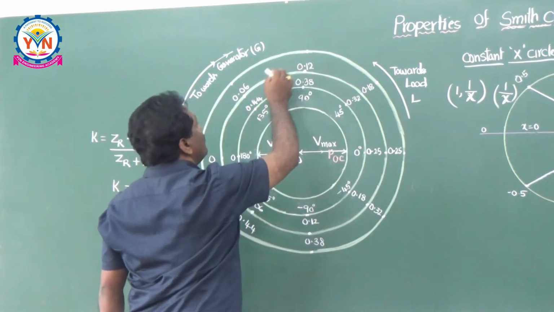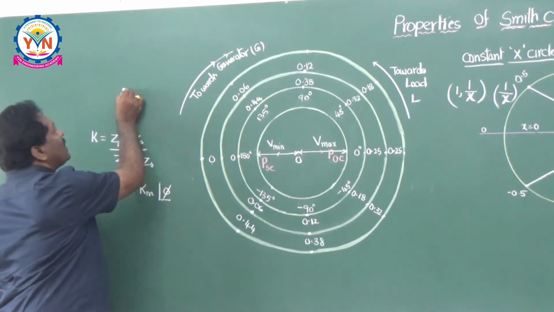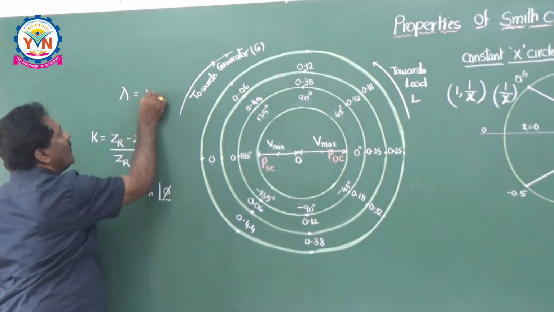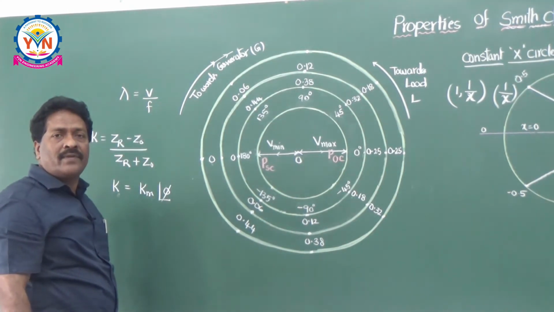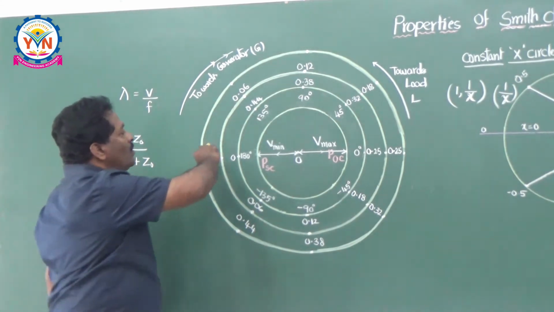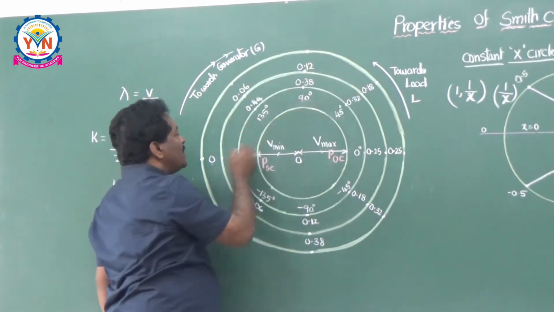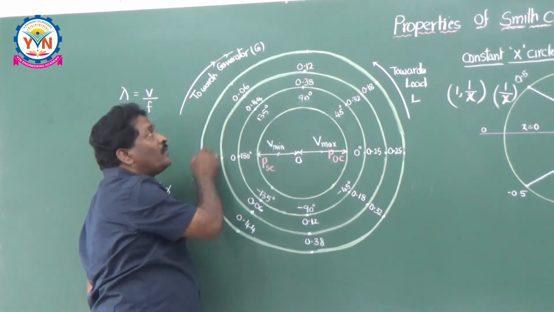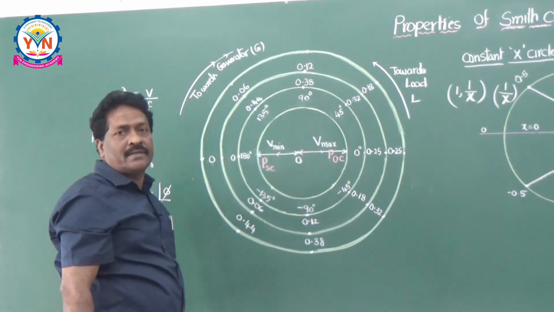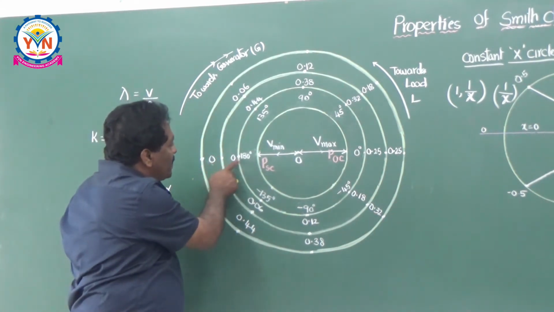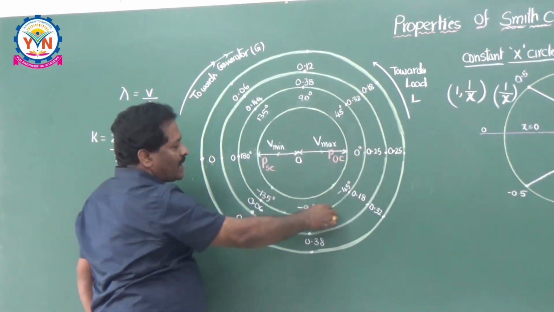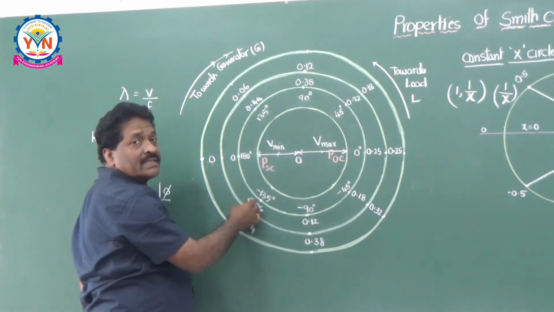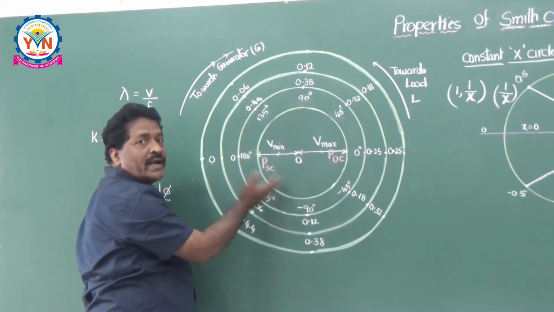Lambda is the wavelength, and it can be calculated as velocity divided by frequency. So the outermost scale is telling the distance on the transmission line from the generator. Remember this. The in-between scale tells about the distance on the transmission line from the load end.